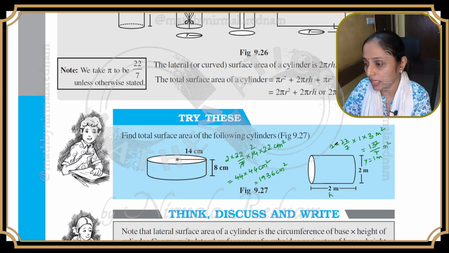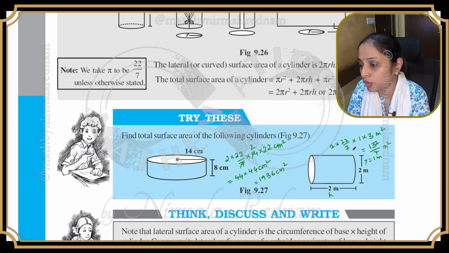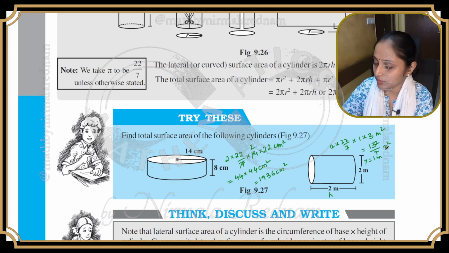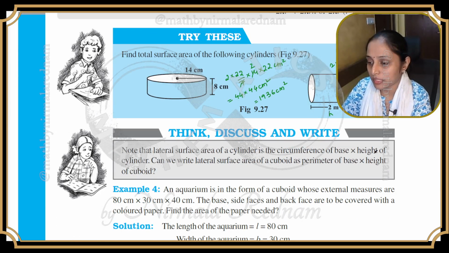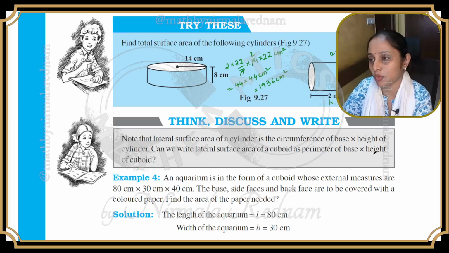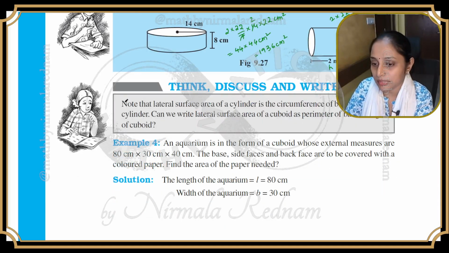So this is the calculation part. 2 pi r, which is 1, into r plus h, right? And you have 22 into 6, which is 132 by 7 square meters. So that is a try this question. Note that lateral surface area of a cylinder is the circumference of base into height of a cylinder. Can we write lateral surface area of a cuboid as perimeter of base into height? Yes, you can do that. So the answer here is yes.